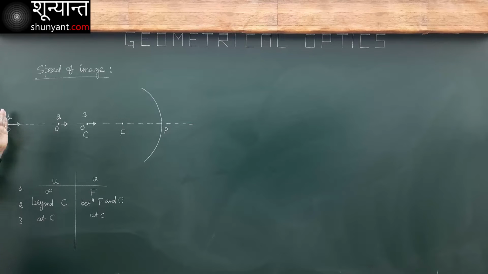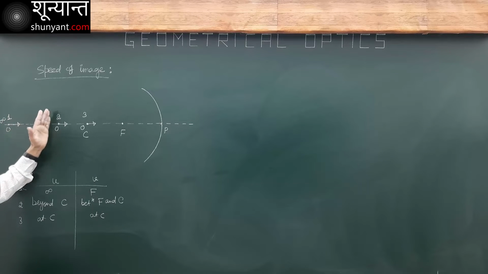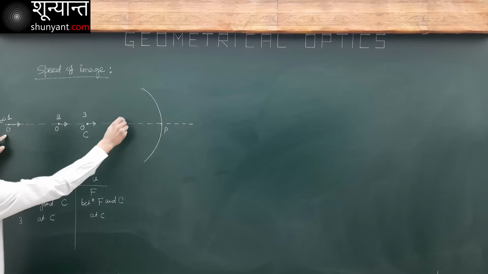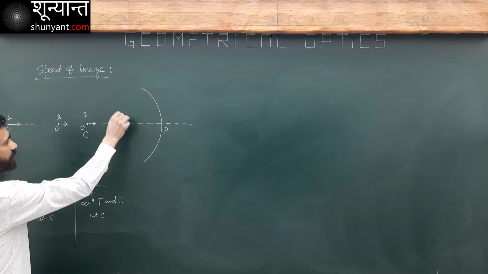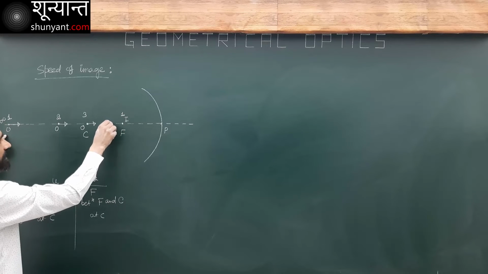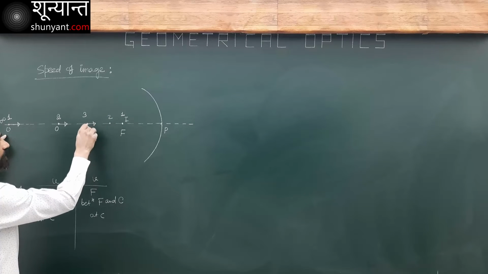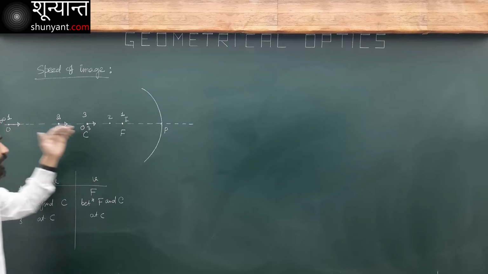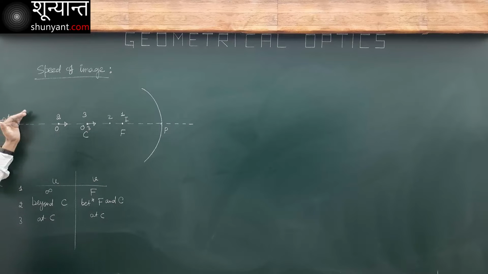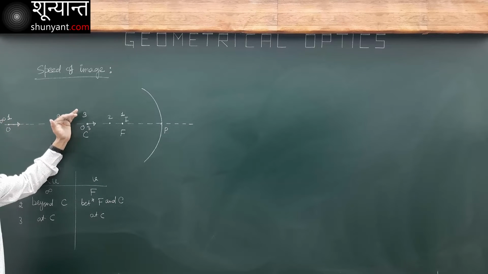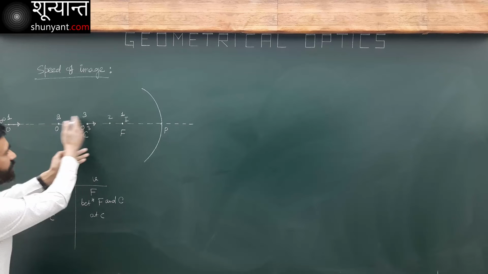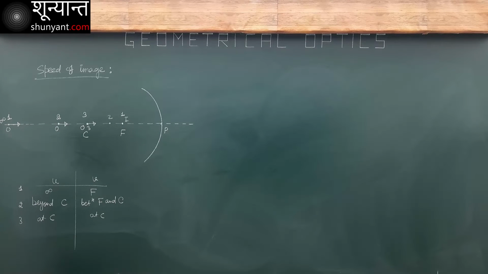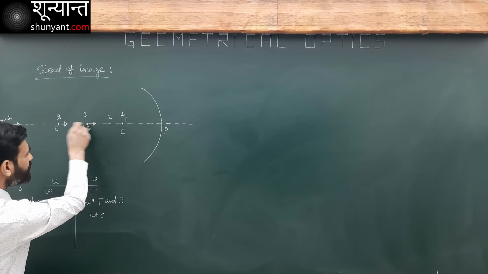When the object starts moving towards the center, when the object is at infinity, the image is here. This is my image in the first case. Then the image comes here. This is the second position of the image, and this is the third position. So when the object is at infinity, the image is at focus. As the object moves towards the mirror, the image is going away from the mirror, towards the center.